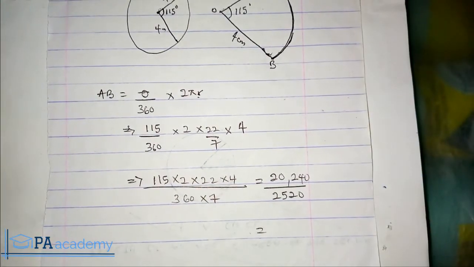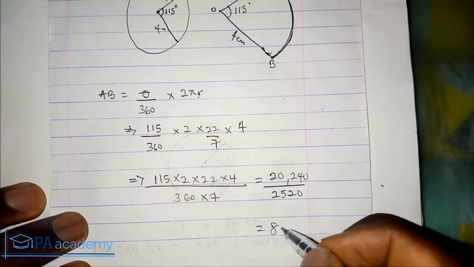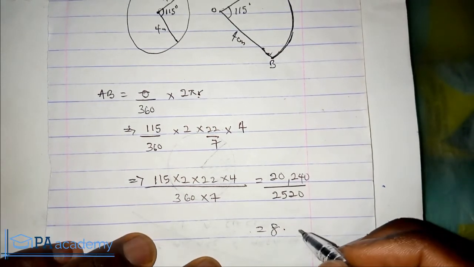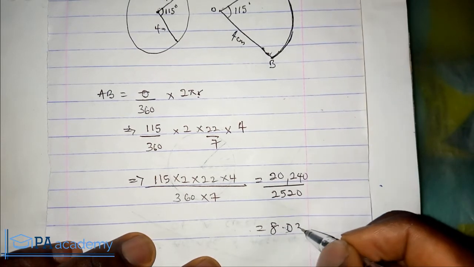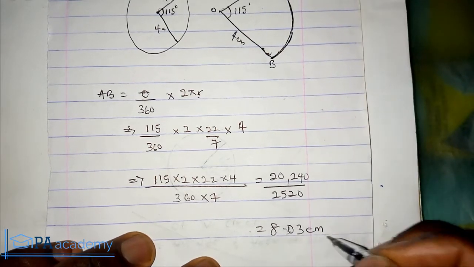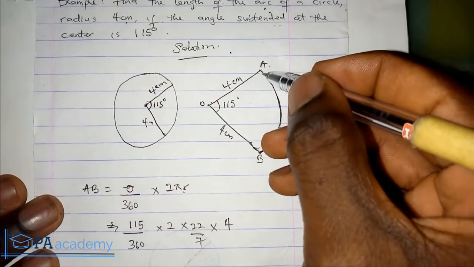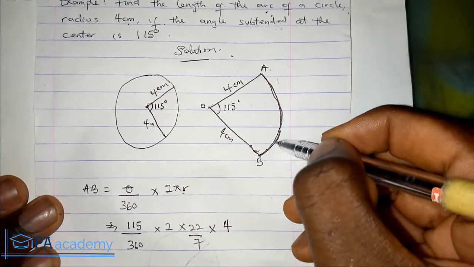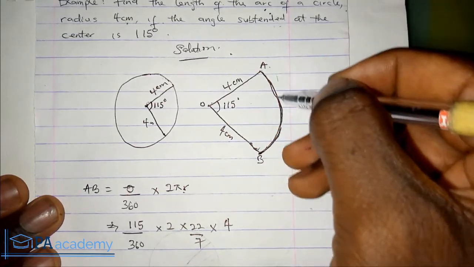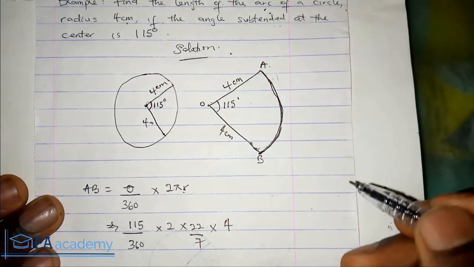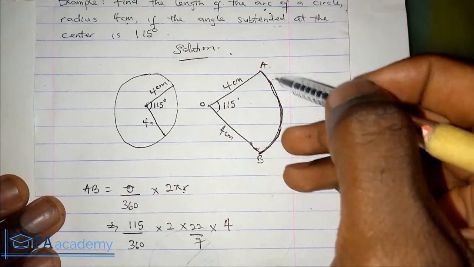Let's divide that: 20,240 divided by 2,520 is 8.03 centimeters. Don't forget your unit. So if you measure this particular part, it should be 8.03 centimeters. That is the length of this arc.